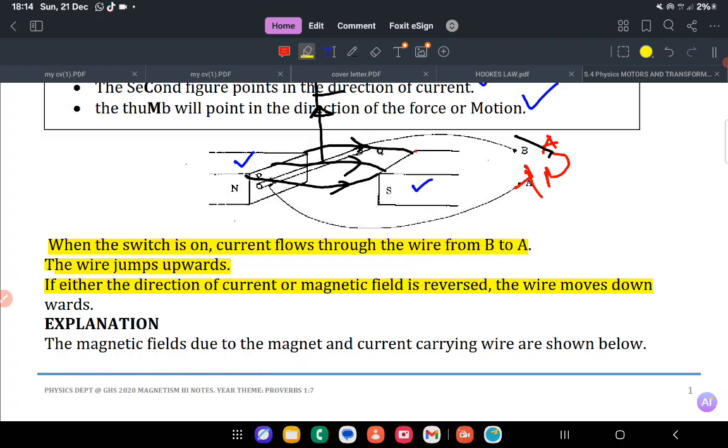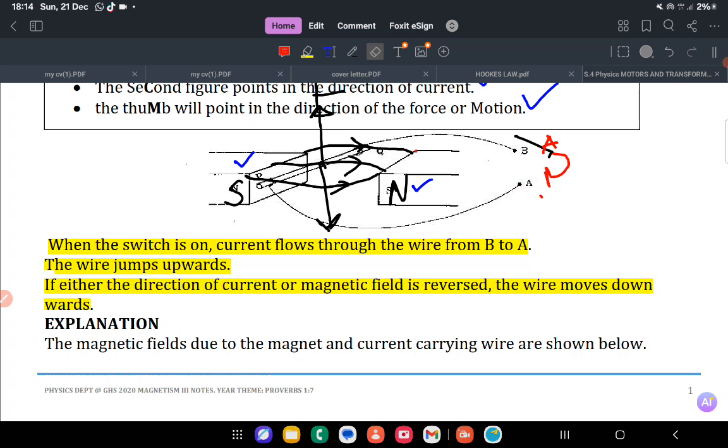The wire moves downwards. All right, so let's suppose that we swap the poles. Let's suppose we have north pole here, and then we have south at this end. Then the wire is going to go down. It will also go down if we change the polarity of the cells.